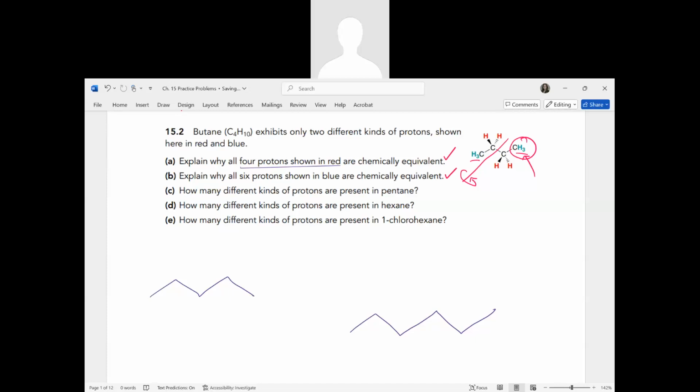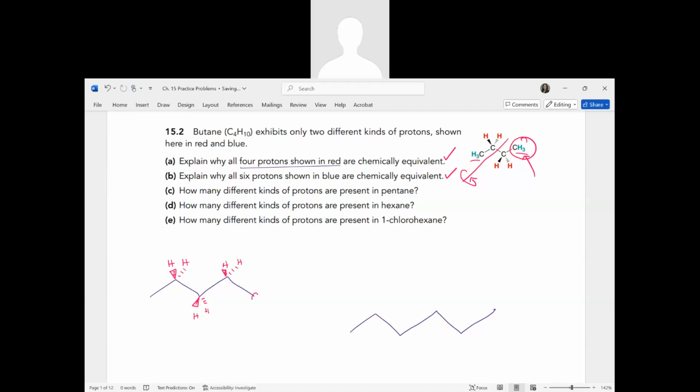Then in part C, we're asked to consider how many types of protons are present in pentane. So we can draw, right, we have 2 protons shown here. Then on either this carbon or this carbon here, we have 2 more chemically distinct protons.